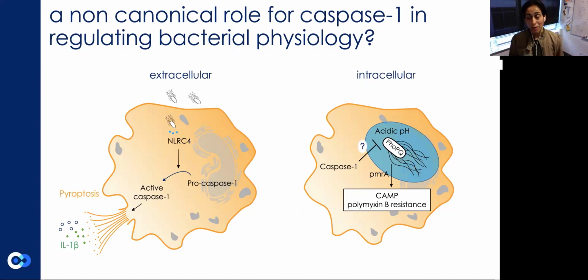Given the arms race between the host and the pathogen, it appears feasible that Salmonella may do so. But most of what we found indicates that the host shuts down this caspase-1 axis as a means to prevent ongoing host cell death and prevent immunopathology.